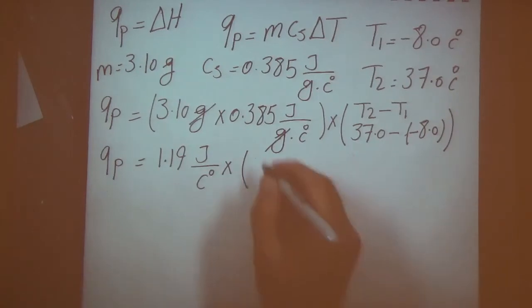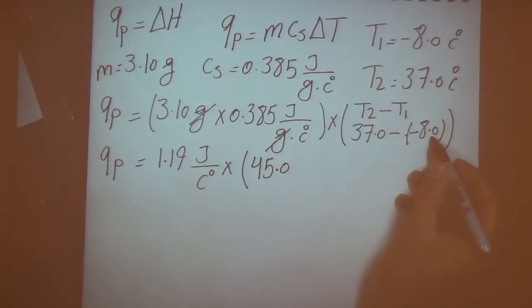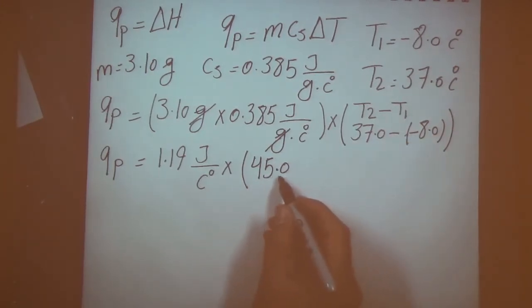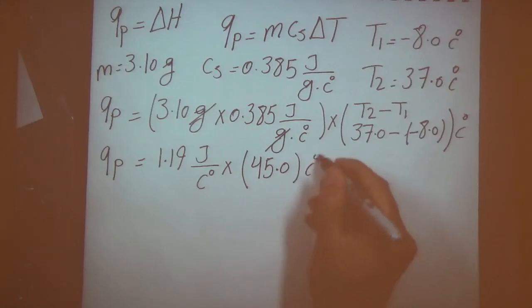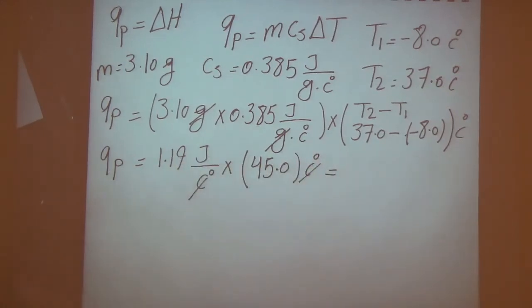And that's going to be 45. We have one digit after the decimal point, so I'm going to write this with three sig figs and one digit after the decimal point. The unit is degree Celsius. You cross C by C. Now you have the final answer in joule.